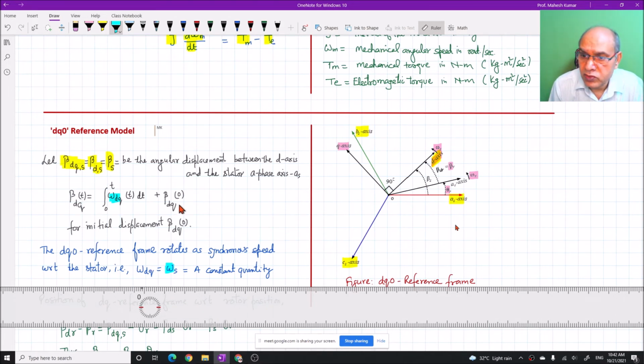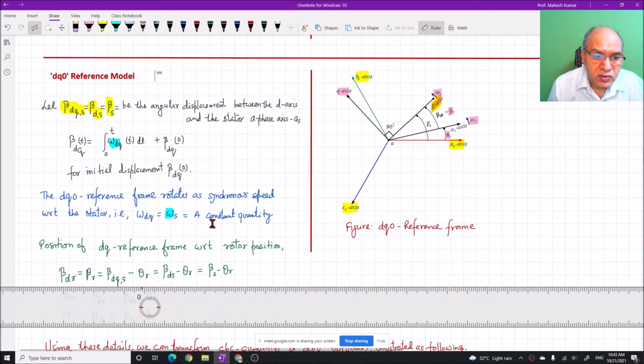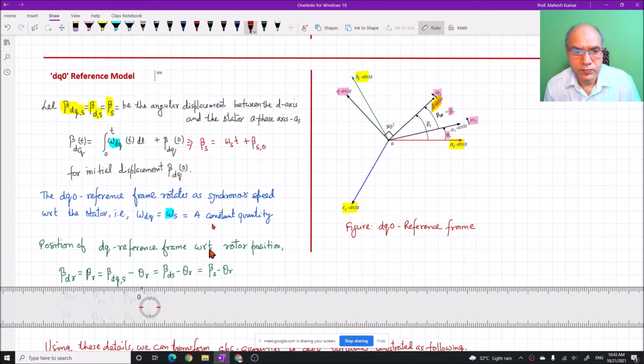And beta dq 0 is the initial position at t equal to 0. Alright, so finally this is the equation: beta s equals omega s into t plus beta 0. You can also simplify this. This implies that beta s equals omega s t plus beta s at t equal to 0.